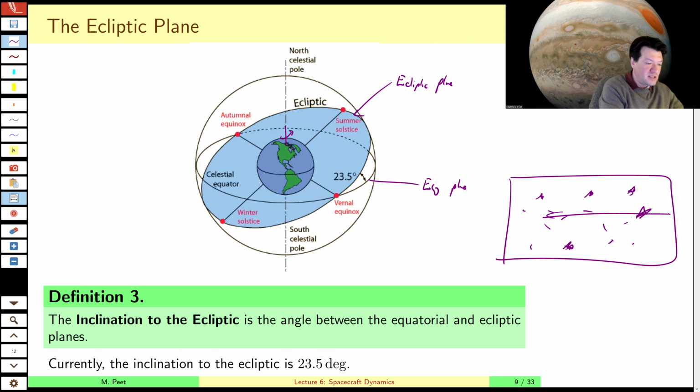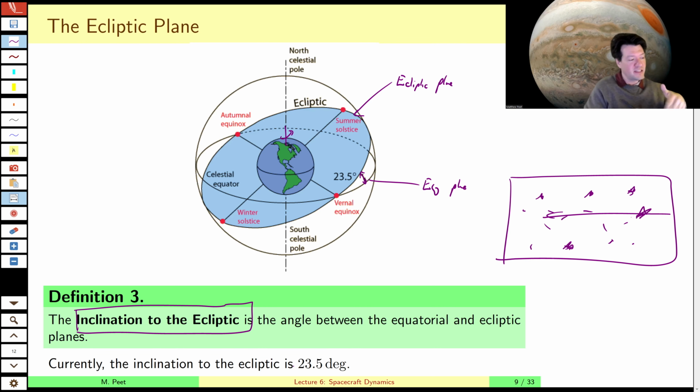So this plane is, of course, inclined with respect to the equatorial plane because they're not the same. And that inclination, that difference, has a special name, the inclination to the ecliptic. I believe it's also known as the obliquity to the ecliptic. There's no difference between the two. And it does change a little bit with time because the Earth's rotation axis does precess over time, which is a bit of a problem for keeping track of in modern coordinate systems.